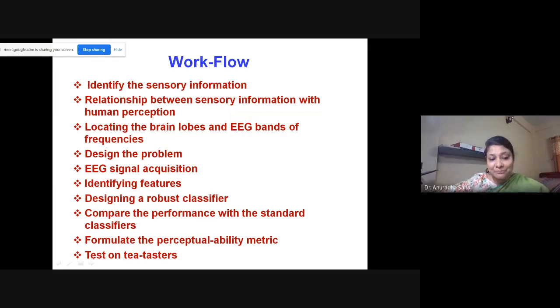After that, once you have the right features, the job is to design a robust classifier. What does this mean? This means that I need to classify, or segregate, between two or three input patterns, right?